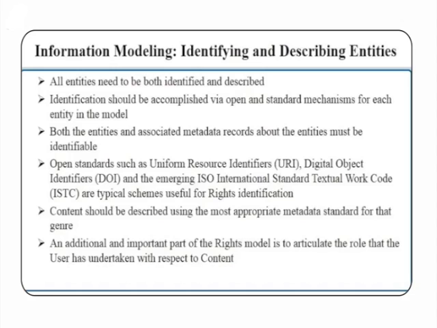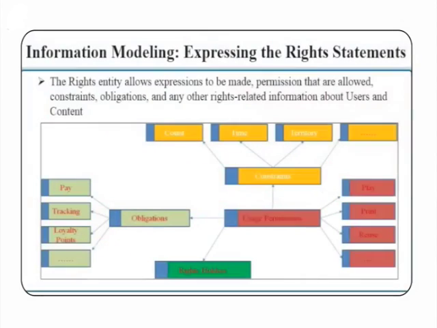An additional and important part of the rights model is to articulate the role that the user has undertaken with respect to the content. The right entity allows expressions to be made, permissions that are allowed, constraints, obligations, and any other right-related information about user and content.